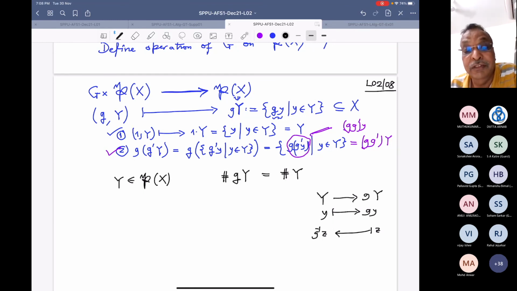That is the statement. There is no other way. Suppose I say there are as many integers as there are real numbers.